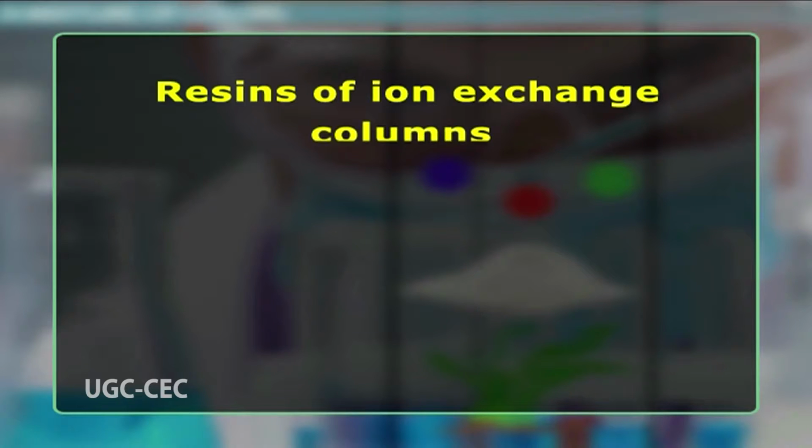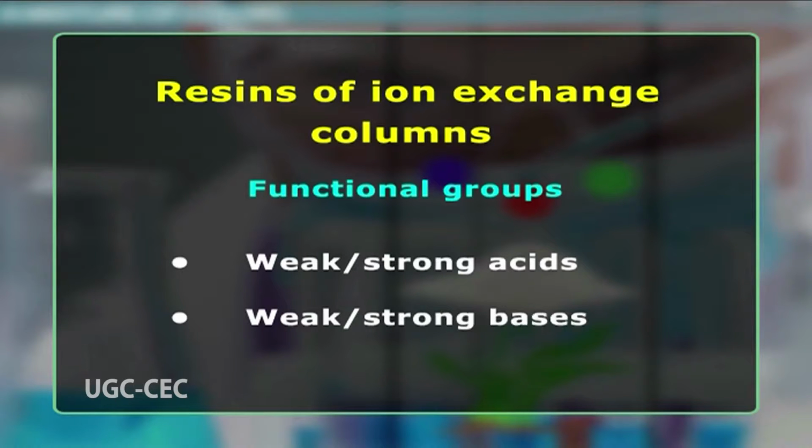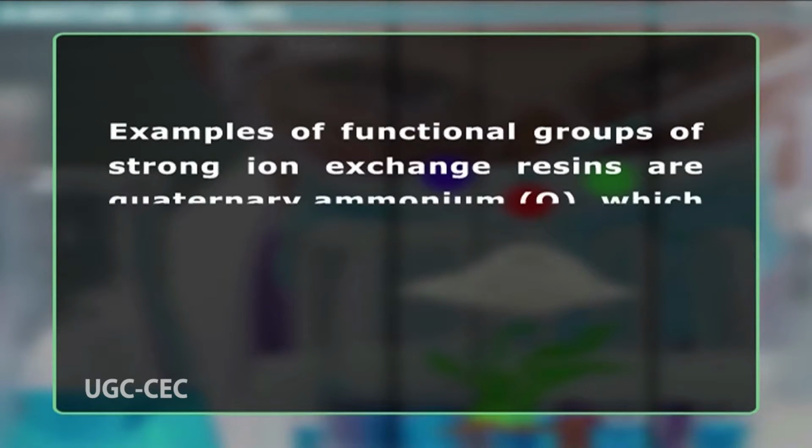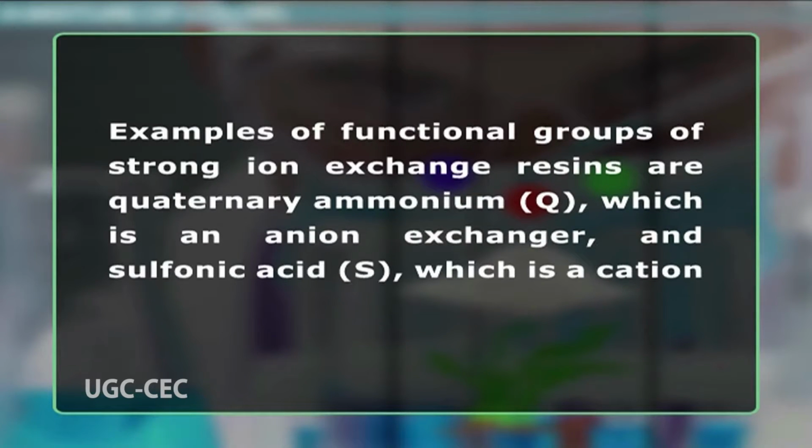Ion exchange columns may include functional groups such as weak or strong acids and weak or strong bases. There are also special columns that have resins with amphoteric functional groups that can exchange both cations and anions. Examples of functional groups of strong ion exchange resins are quaternary ammonium, Q, which is an anion exchanger, and sulfonic acid, S, which is a cation exchanger.